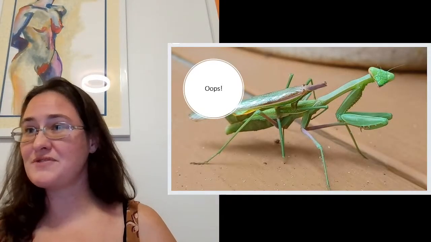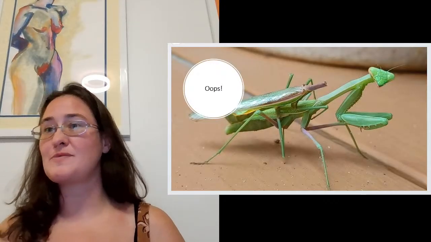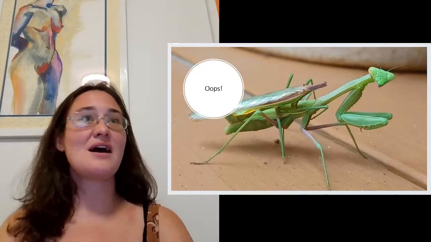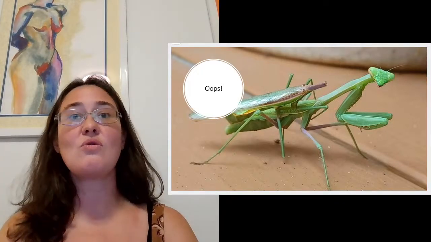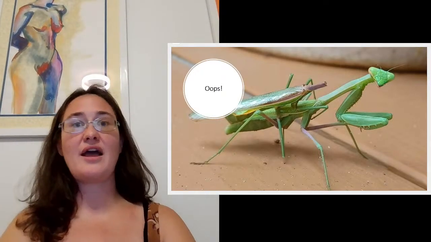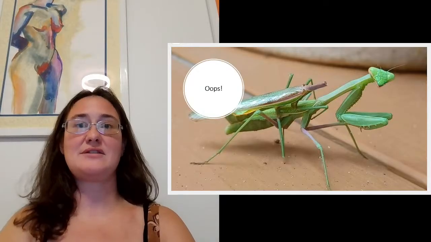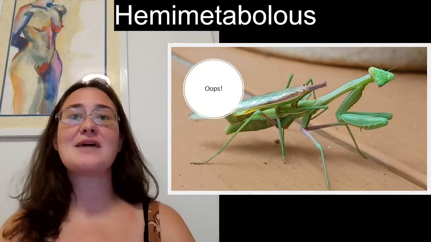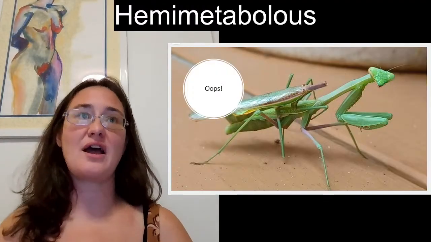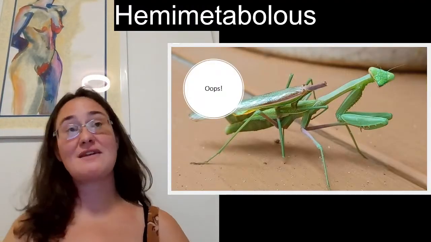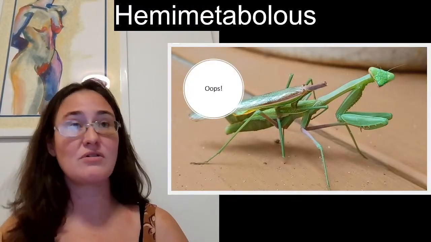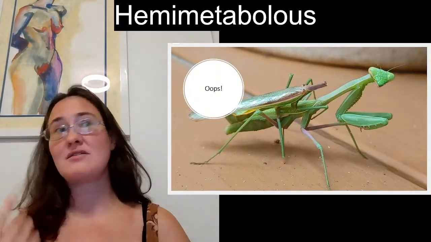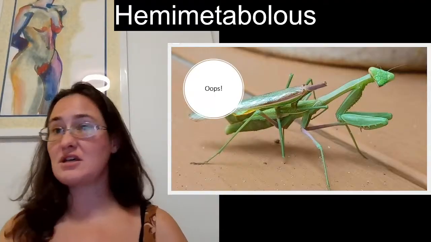Cockroaches have the type of metamorphosis where the juveniles are basically the same as the adults minus the wings. What's the proper term? The proper term is simple metamorphosis, or you can use hemimetabolous. Hemimetabolous are insects that have a simple metamorphosis, meaning they do not go through a chrysalis or a cocoon or any type of pupa. They just hatch from the egg as a nymph and then eat, shed, grow until they become adult.